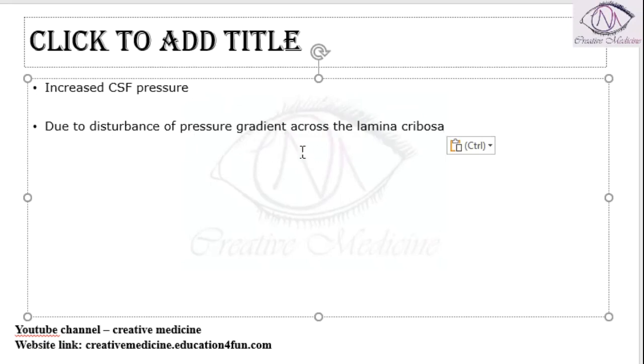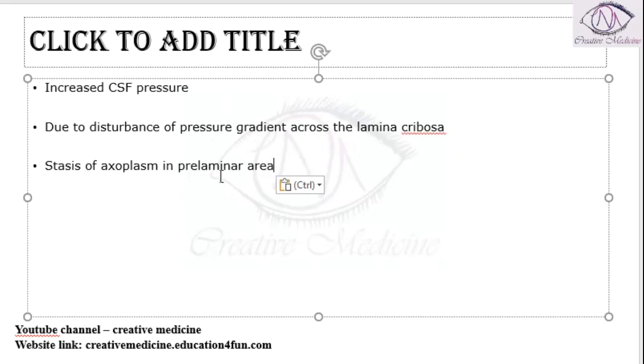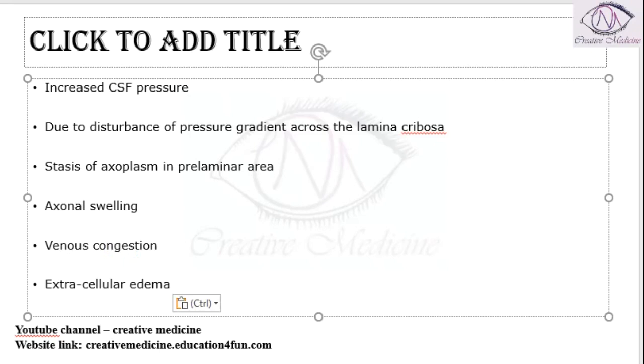This disturbance in the pressure gradient across the lamina cribrosa stops the axoplasm present in the prelaminar area, resulting in axonal swelling, which in turn results in venous congestion, leading to extracellular edema, which is called papilledema.